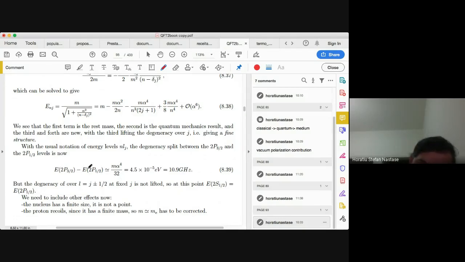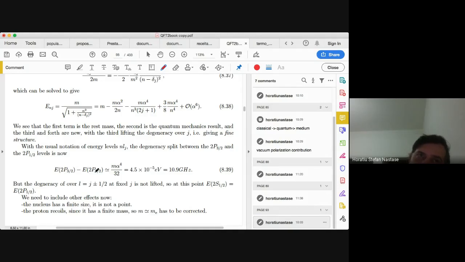People used to use the spectroscopic notation where the difference between energy levels corresponded to a certain frequency for the transition between these two energy levels.